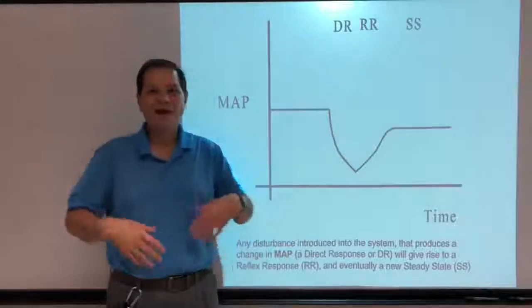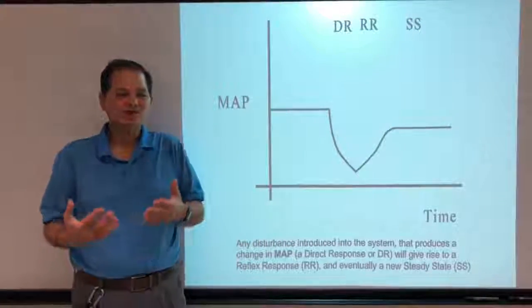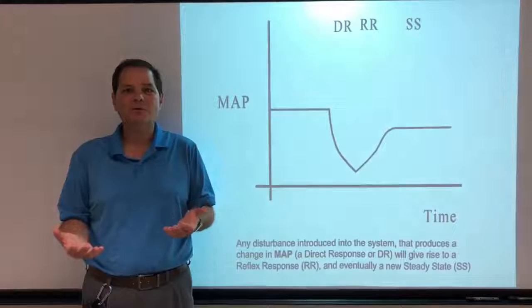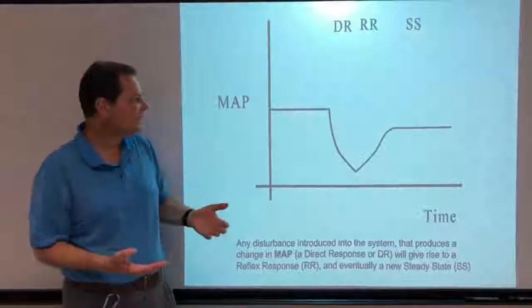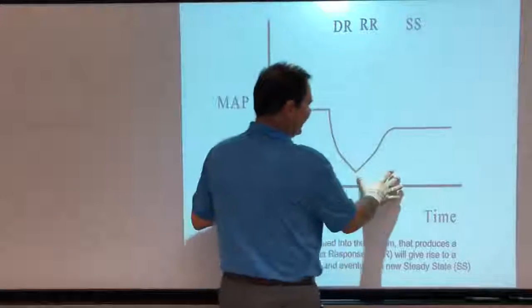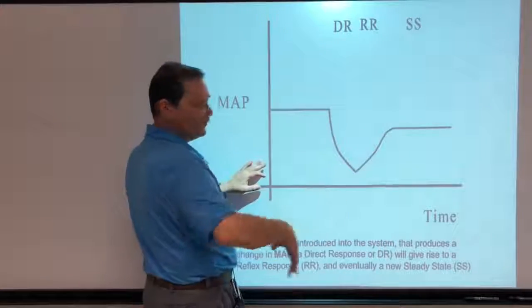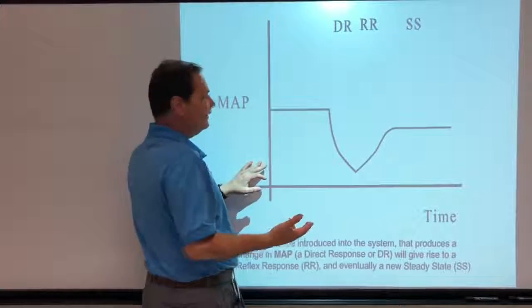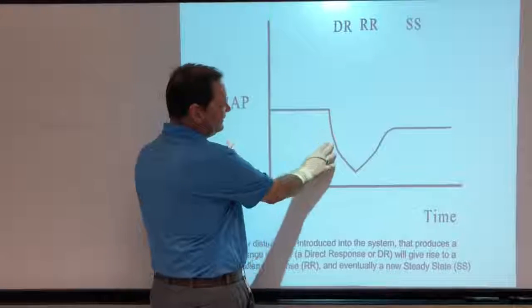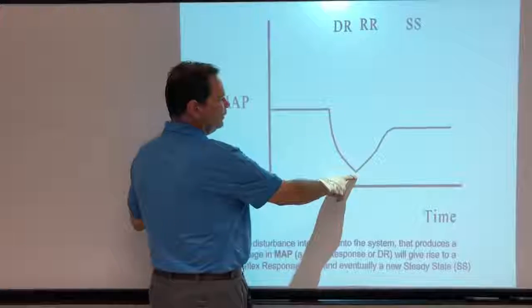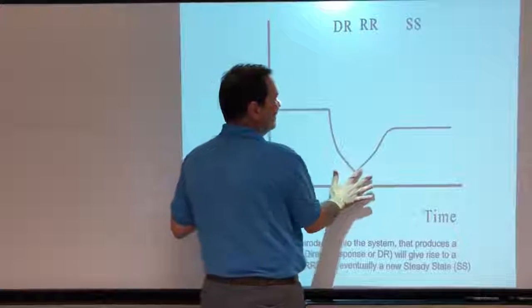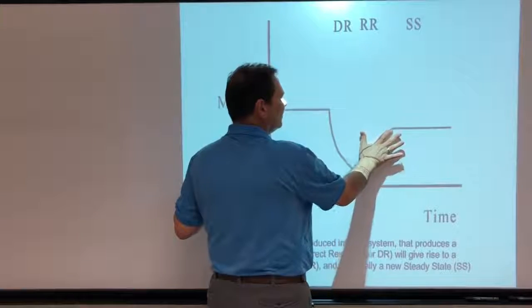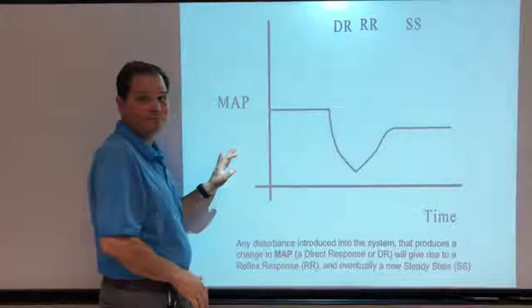It is what happens to the system just in response to whatever perturbation you introduced. The reflex response is what your body does in order to correct that problem. So if whatever that is decreases mean arterial pressure, you will initiate a reflex, in our case the baroreflex, to bring that mean arterial pressure back up toward normal.